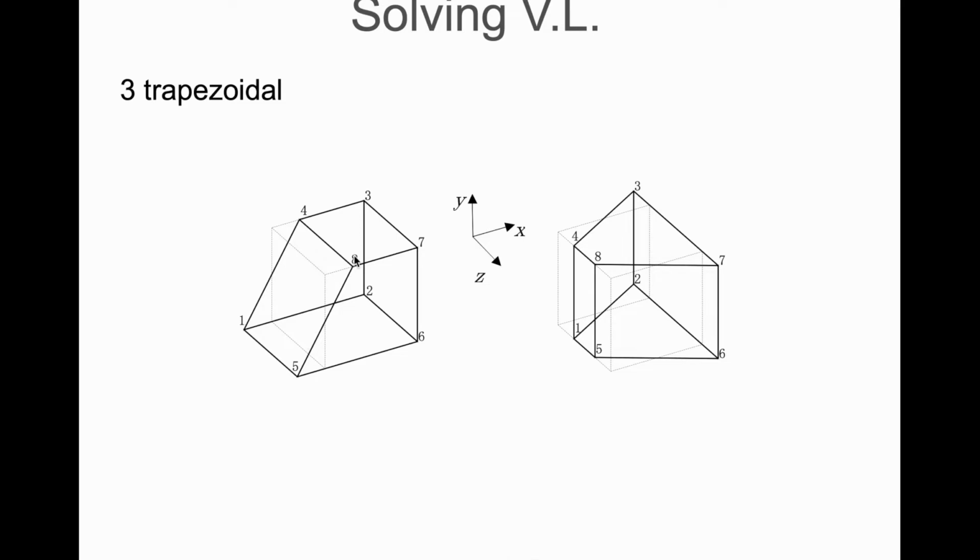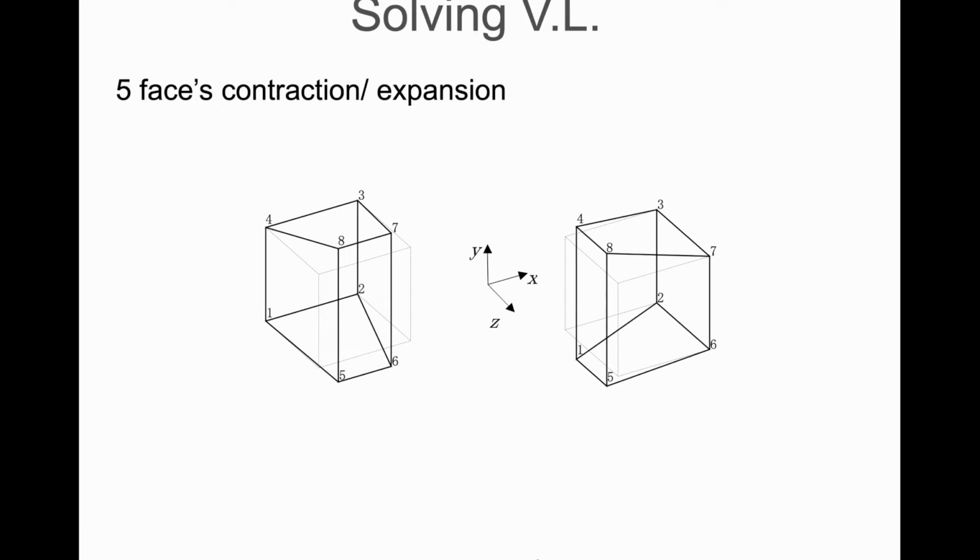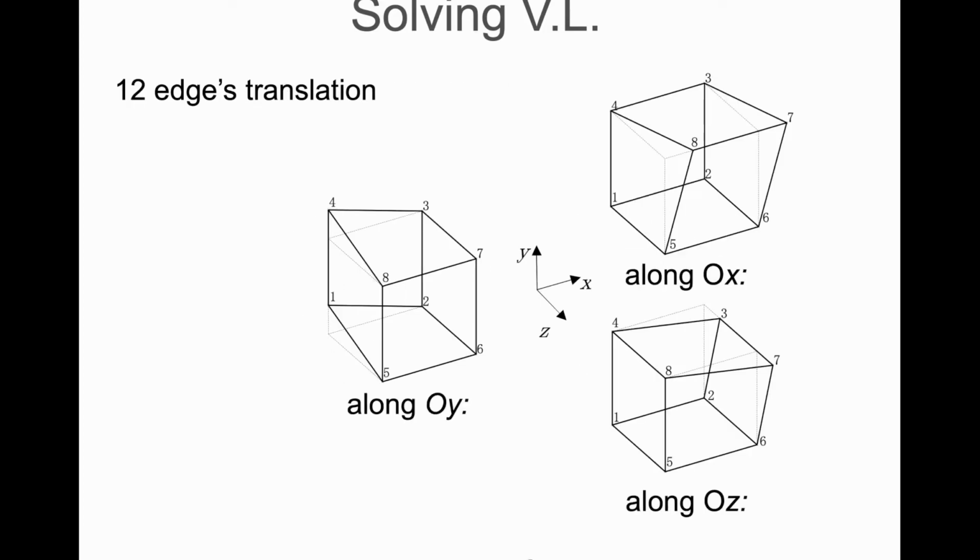Okay, see, volume constant, so we can make 3 different combinations without being completely independent of each other. And finally, what we call non-physical, because it's like the face is being twisted, but even so keeping the constant volume. So these are 23 different modes.